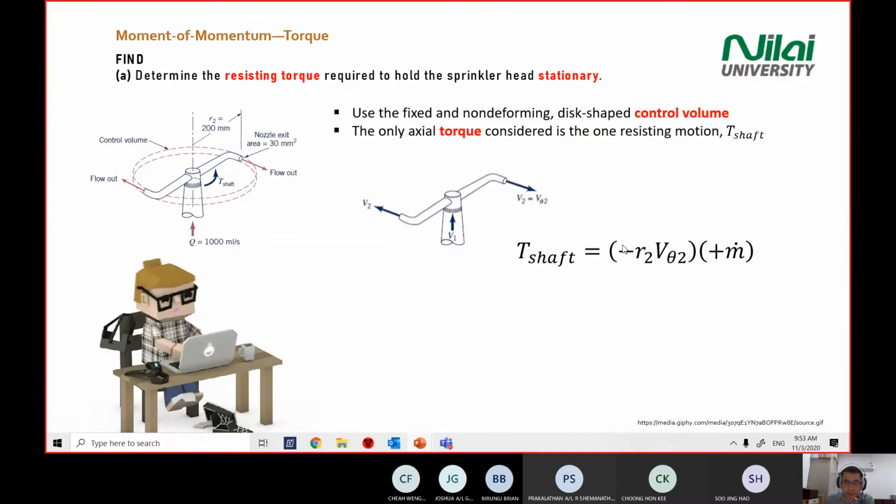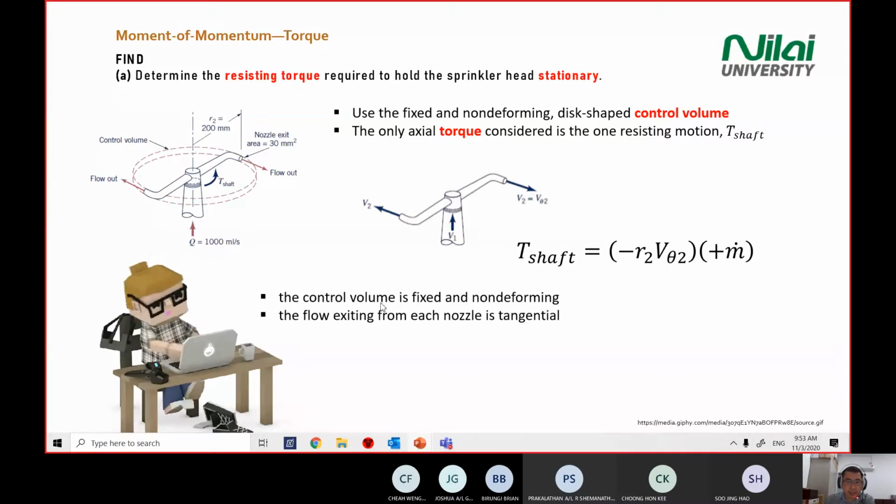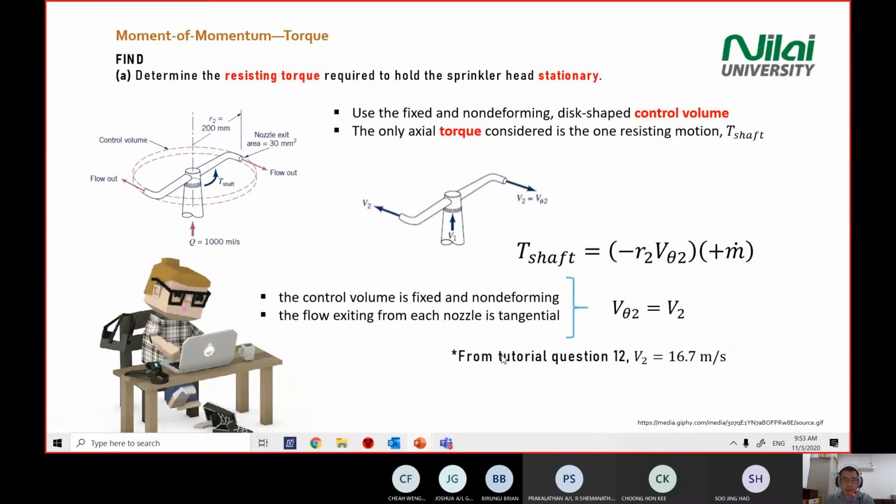That's why it's negative, right? So you have to understand why we have a negative here. This is just a remark. Our control volume is non-deforming, fixed, and our flow is in the tangential direction. That's why we can put V2 equal to V theta 2. It means we look at it as a plane movement, the X and Y plane, or X and R plane.